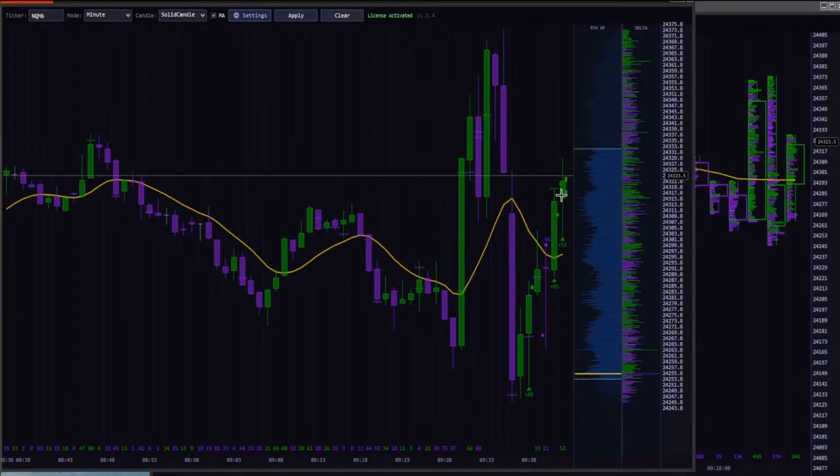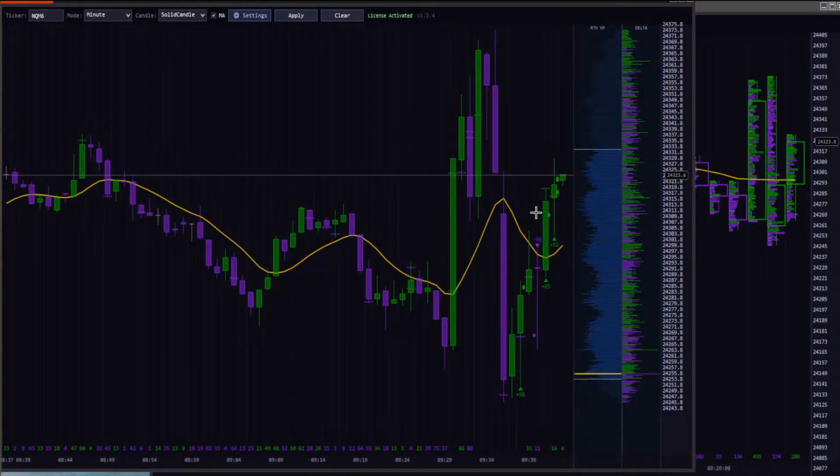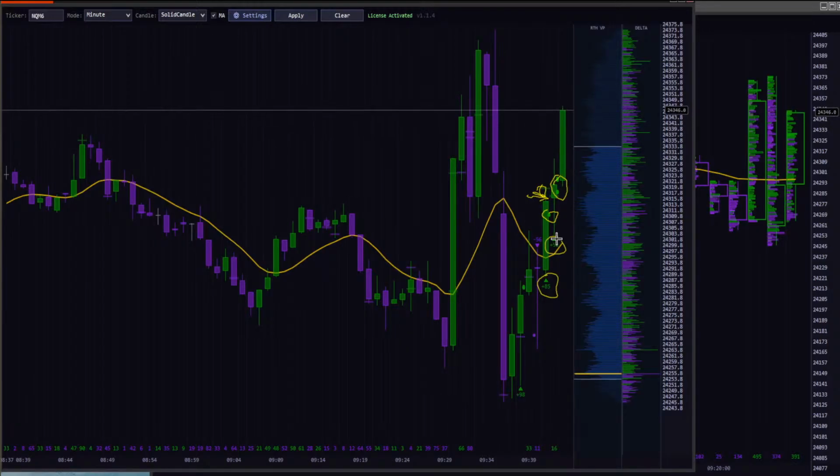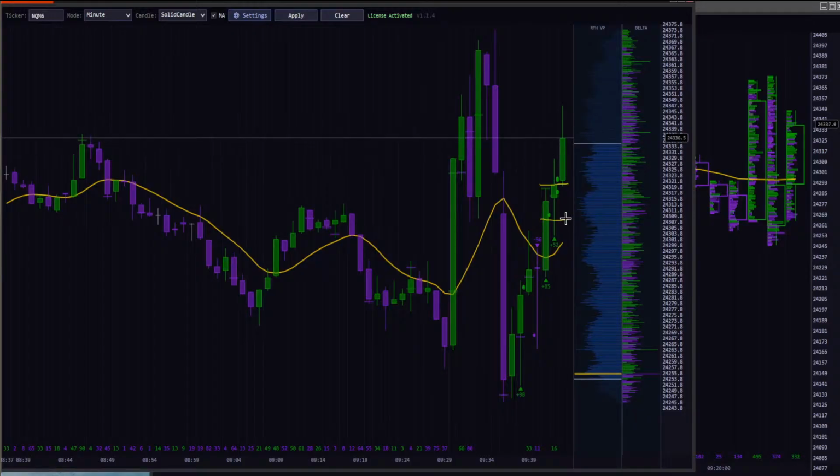I started testing the waters right up in here once we were closing above the moving average. We had one single delta surge right there of 85. Then we had stacked buy imbalances, and then another delta surge with 52. So that right there is telling you there's momentum. So you can enter here and you have to put your stop down here.